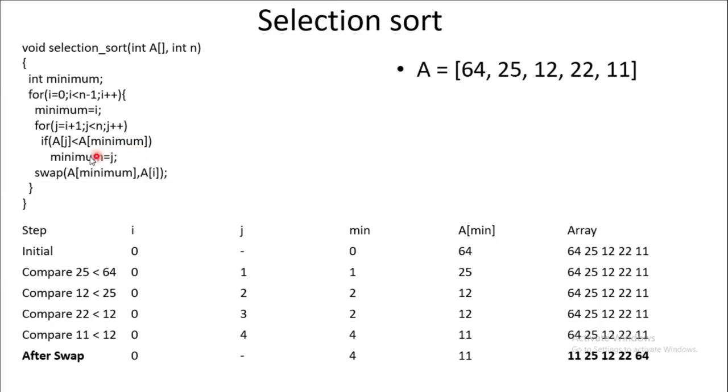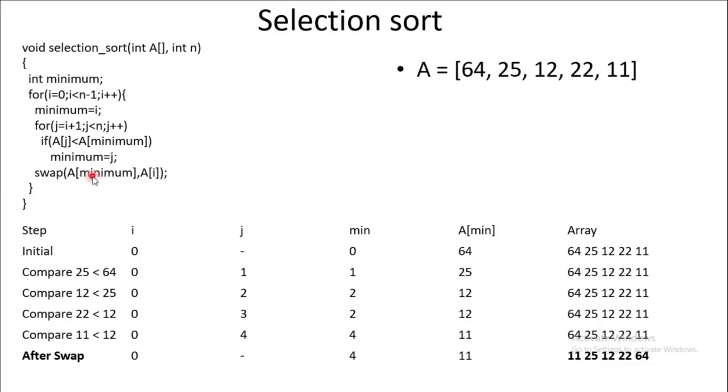This condition checks whether the current element is smaller than the minimum element found so far. If the answer is yes, then we have found the new minimum, and the index of that new minimum element, which is nothing but j, we assign to the minimum variable. So whenever a smaller element is found, we will simply update the index.